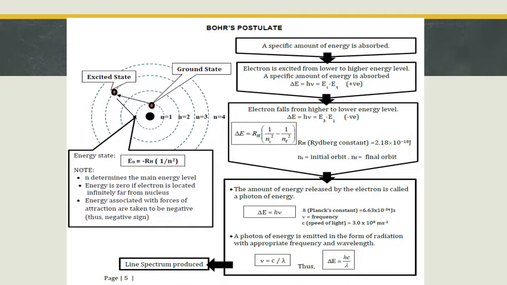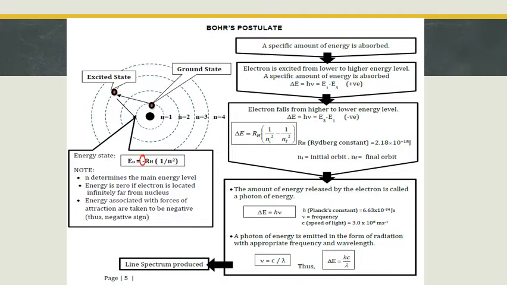So, kita tengok brief view balik. N tu determines the main energy level. Macam I told you before, energy is 0 if the electron is located infinitely far from the nucleus. So, semakin higher energy level, semakin kita menghampiri infinity, so kinetic energy of the electrons tu akan menghampiri kosong. Energy associated with force of attraction are taken to be negative. That's negative sign tu lah, yang menunjukkan force of attraction, yang negative sign kat depan ni.